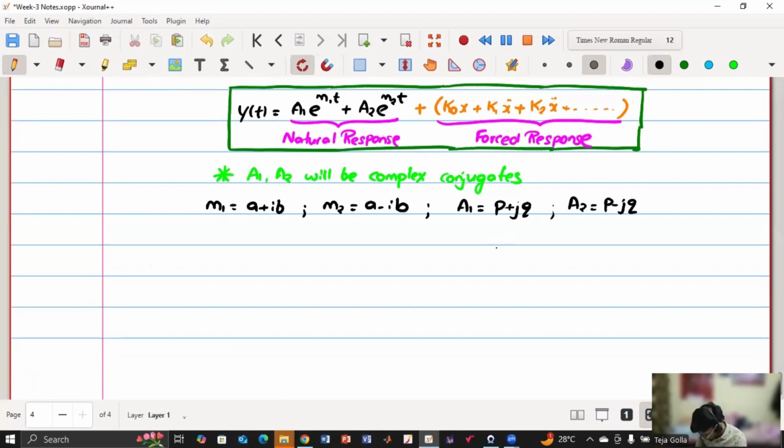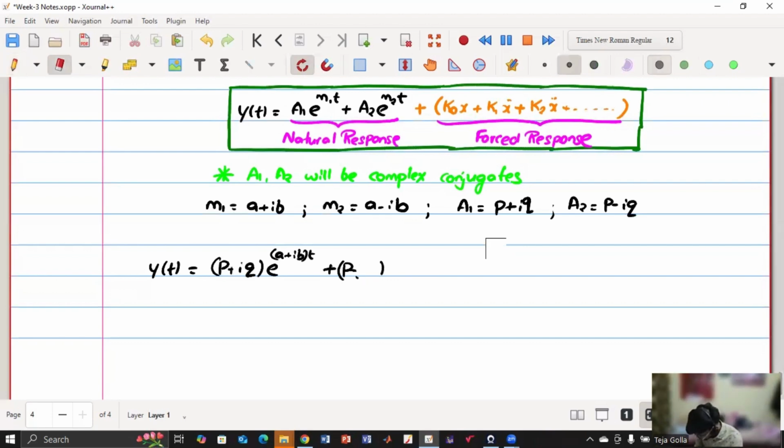Now let us solve y of t equal to p plus iq into e to the power a plus ib into t, plus p minus iq into e to the power a minus ib into t. I am using j and i, so let us use only i.